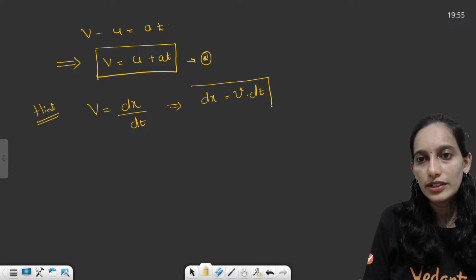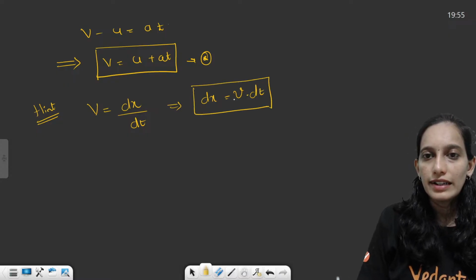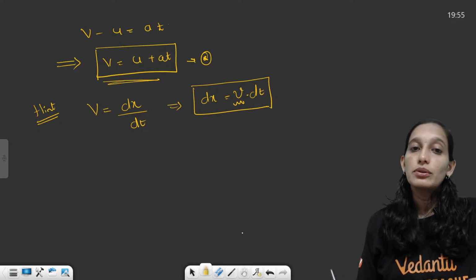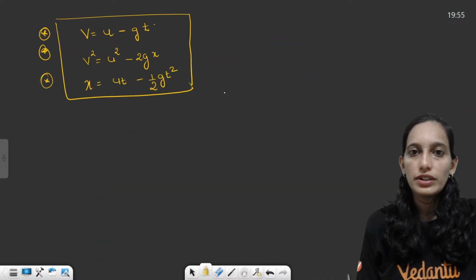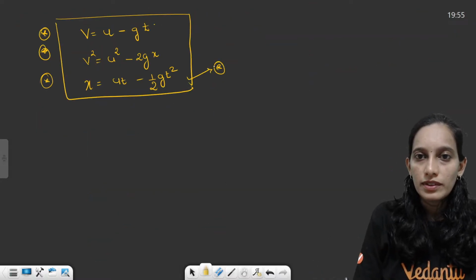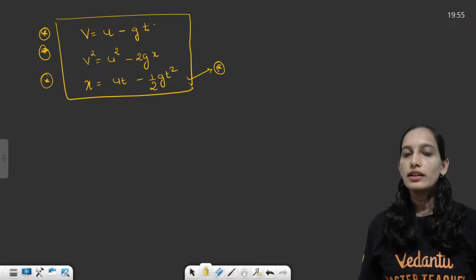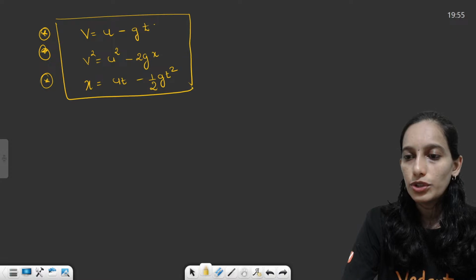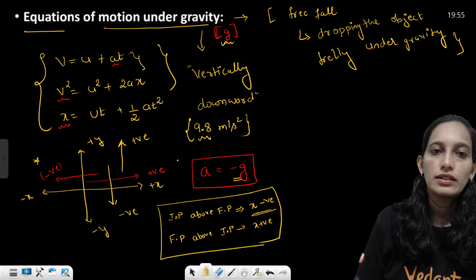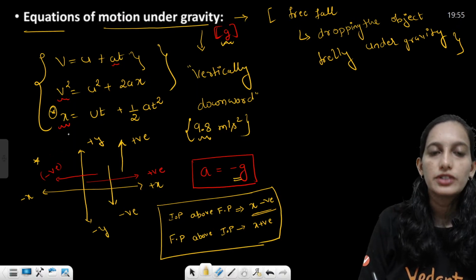Here substitute u plus at for v, and try to arrive at the second equation of motion, x is equal to ut plus half at square. You can try to derive this equation.